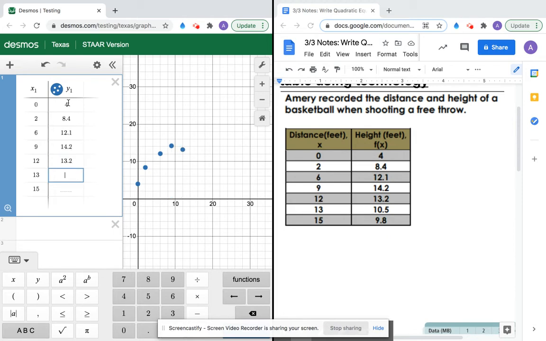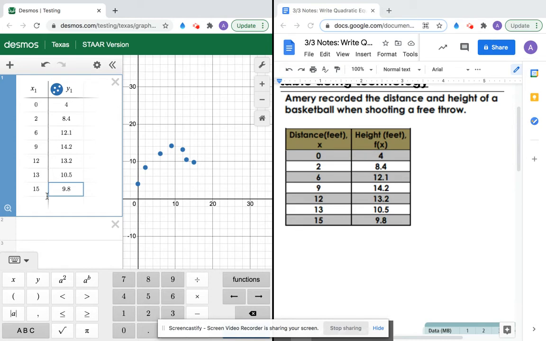What this does is allow you to graph, and it plots these points for you. As you see, I'm entering my x and y values, and it's plotting them here on my graph to come up with that quadratic function of when she began throwing the basketball up and shooting it.